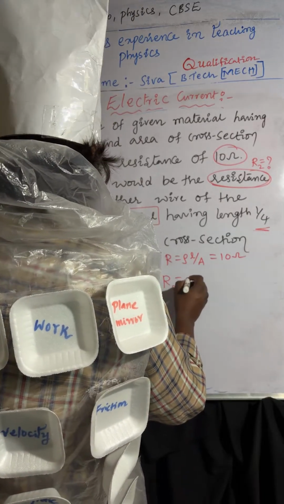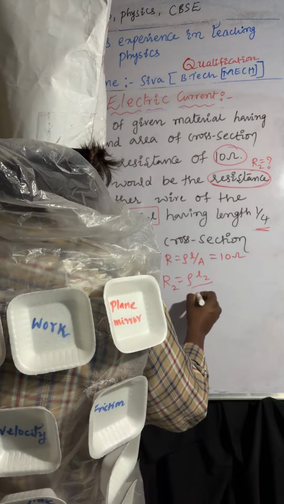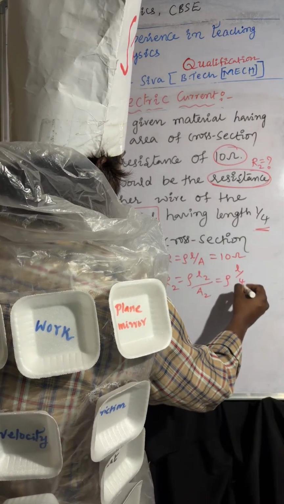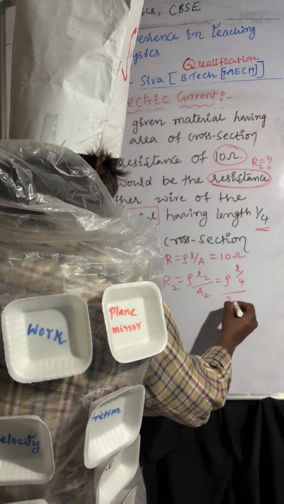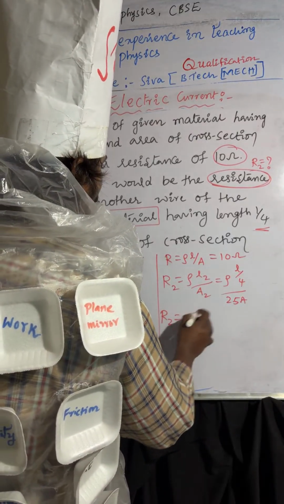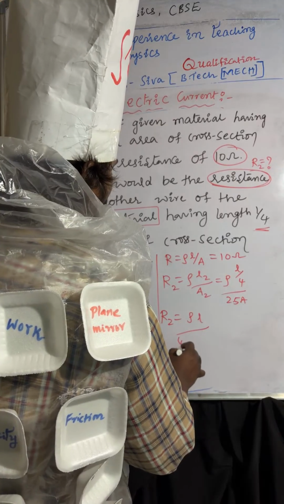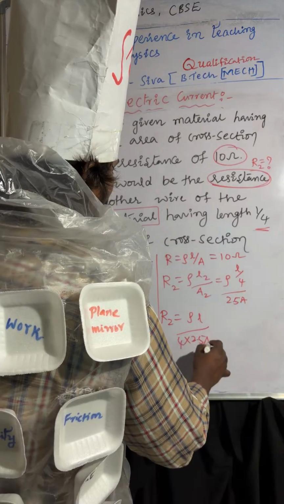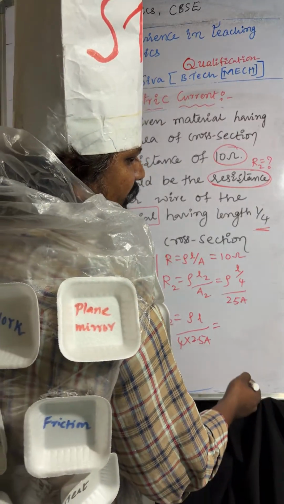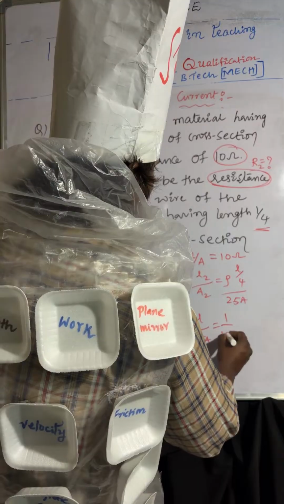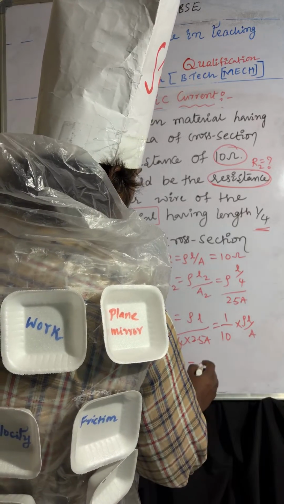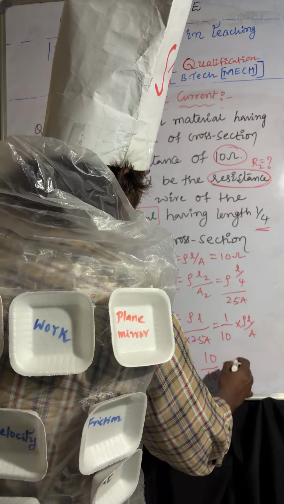So R2 equal to rho into L2 by A2, rho into L by 4 by A2 equal to 2.5 A. So R2 equal to rho into L by 4 into 2.5 A. Then 2.5 into 4 is 10, so 1 by 10 into rho into L by A. Then R2 equal to 10 by 10, you'll get 1 ohm.